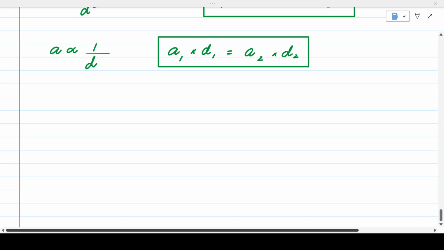Then you have the topic, if you need to find resultant amplitude, add the two amplitudes of the two waves.